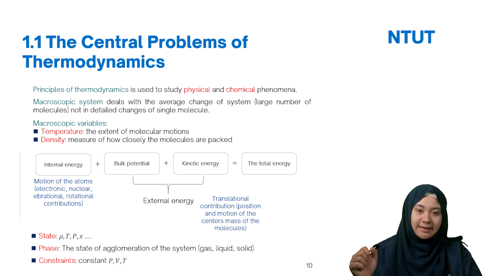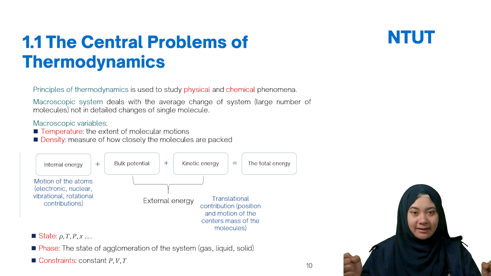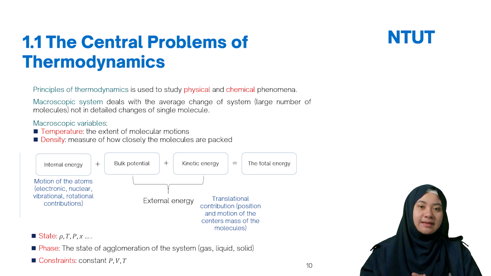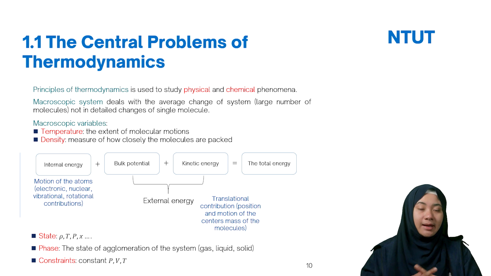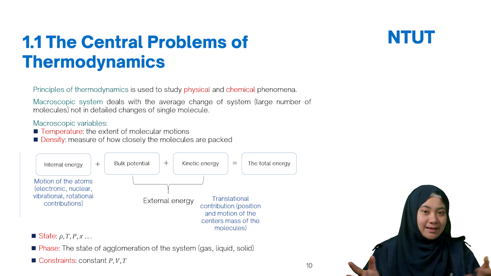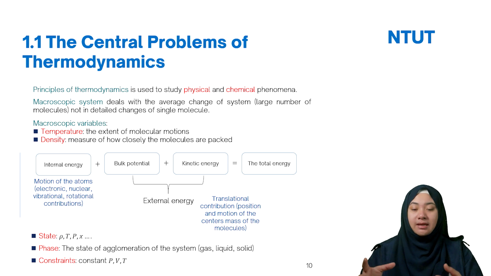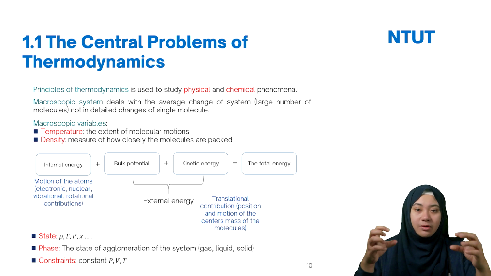And density measures how closely your molecules are packed together. For example, the density of a liquid is mostly higher compared to the gas. The density of water, let's say, is one gram per cubic centimeter. For the gas, why is it less than the liquid phase? Because the molecules in the liquid are closer to each other.